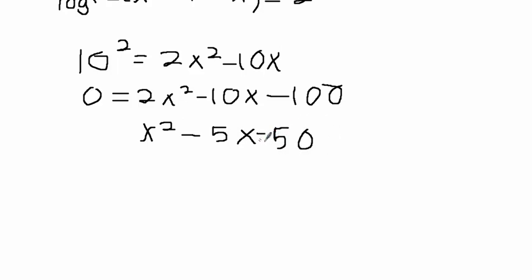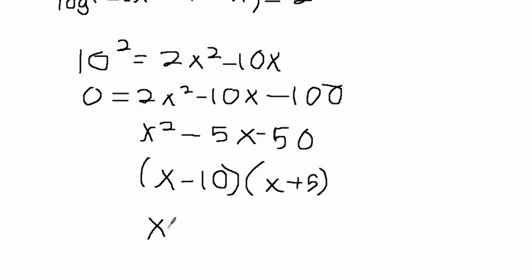Factors of 50, negative 50, that add to give me negative 5. And what I have is negative 10 and positive 5. Once I have them factored, the solutions change the sign when I take them out, 10 and negative 5.